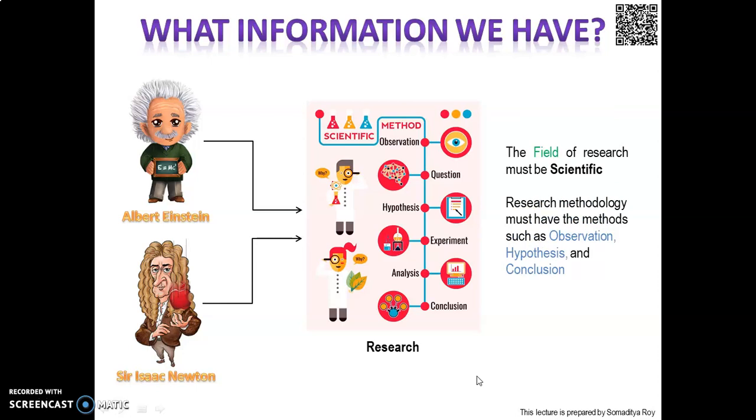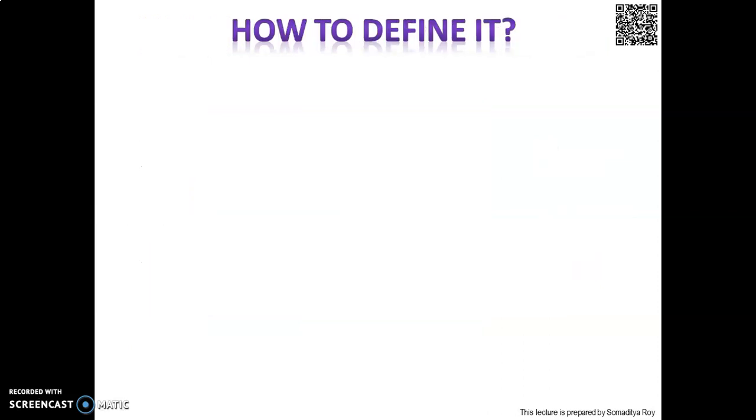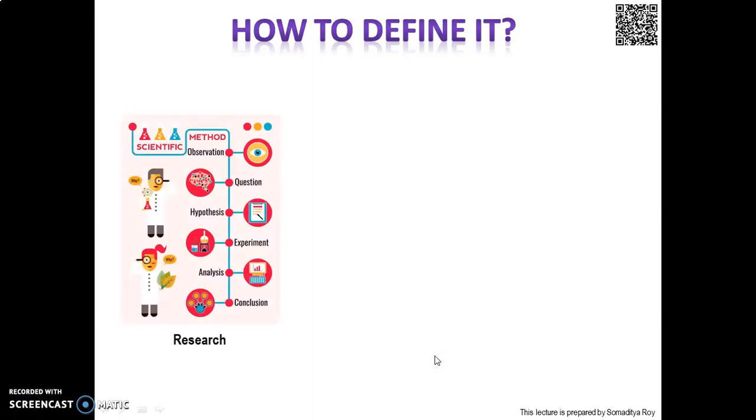As far as the research is concerned, the field is specifically scientific, and there are certain methods like observation, hypothesis, and conclusion. Though there are other methods too, for the sake of simplicity, we stick to these three methods or steps.